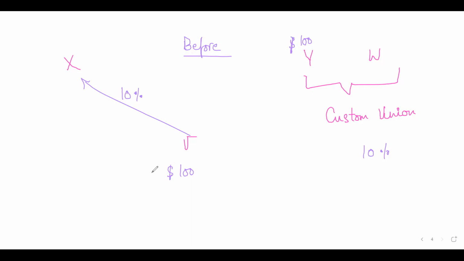No, I'm talking about before, Zohan. This is before, because it says before X imported from V. Now with a 10% tariff, the V car would have cost X how much?